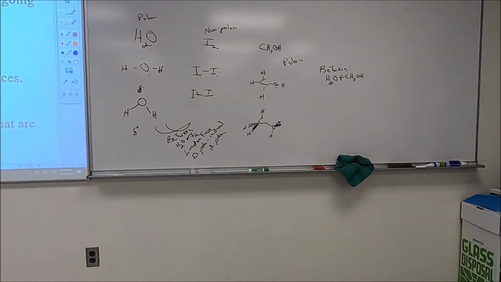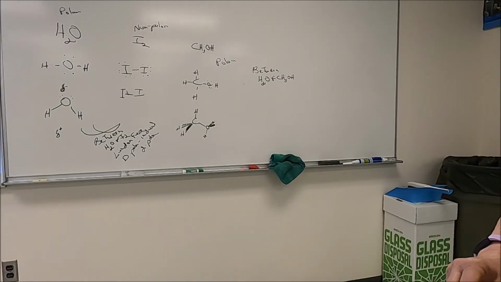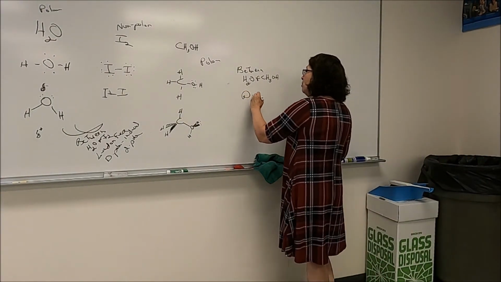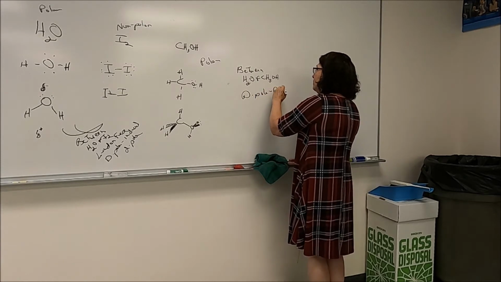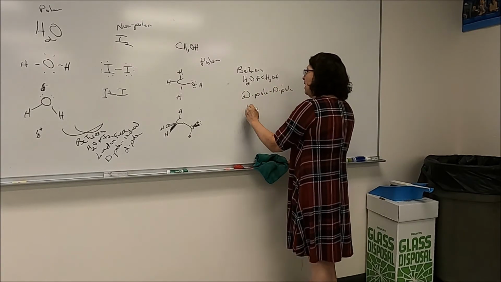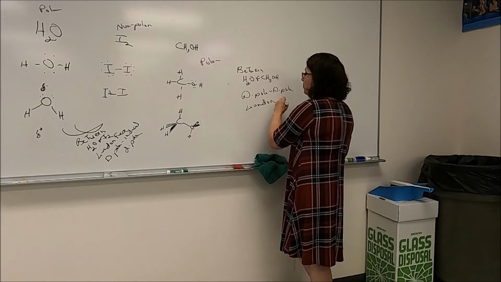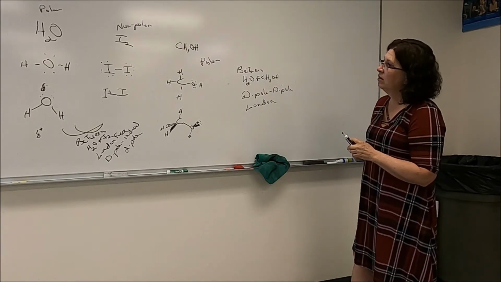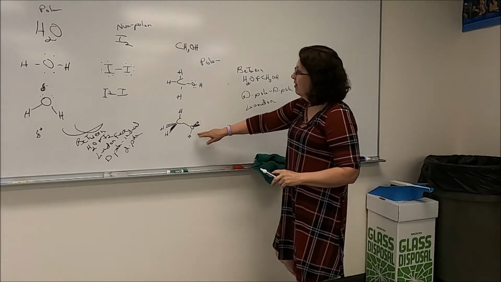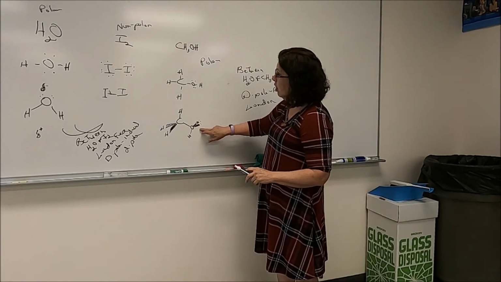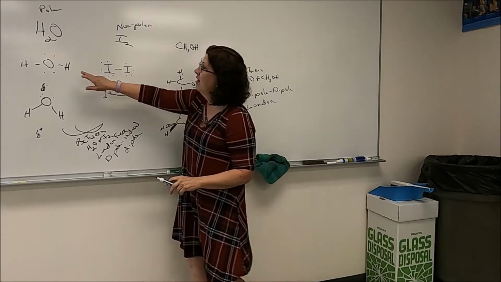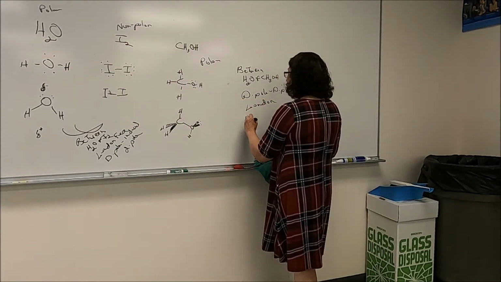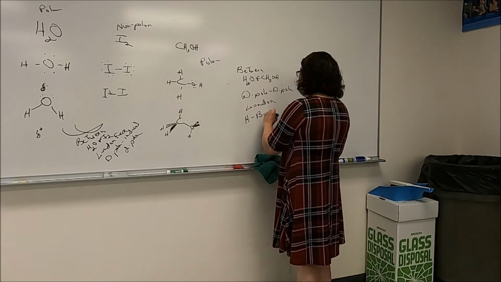I know that I can have dipole-dipole, and I can have London. And now I ask, can we hydrogen bond? Well, this has a hydrogen bonded to an oxygen with lone pairs of electrons. This has hydrogen bonded to oxygen with lone pairs of electrons, so we can also see hydrogen bonding.